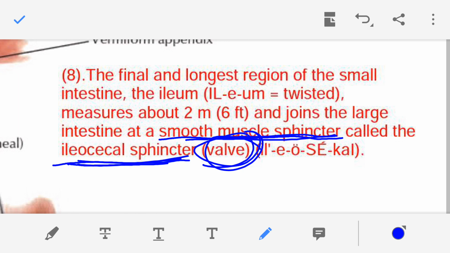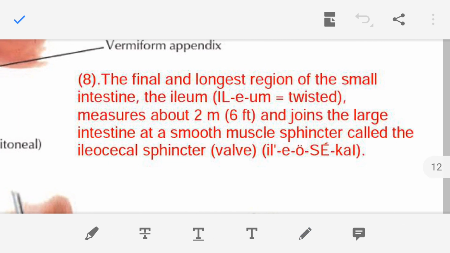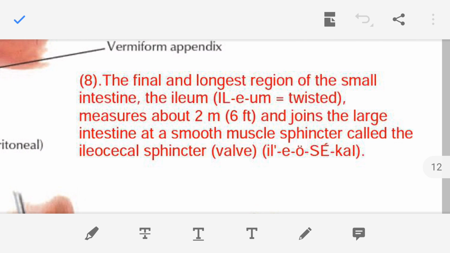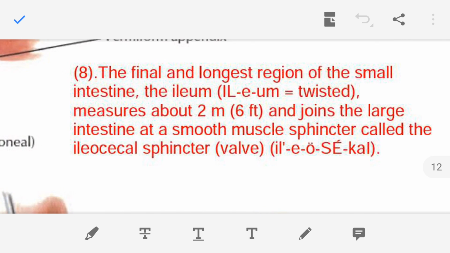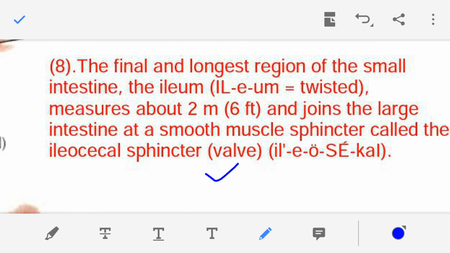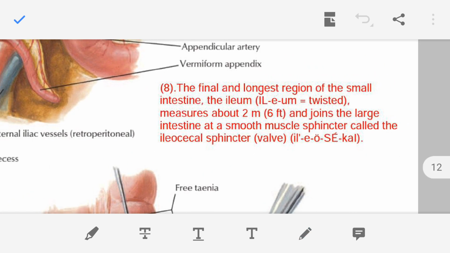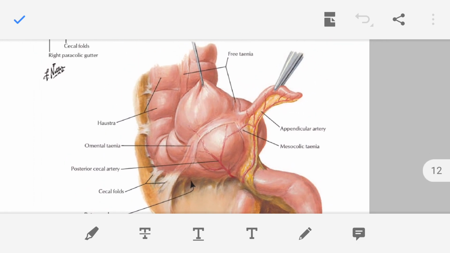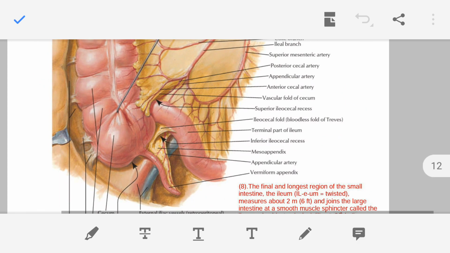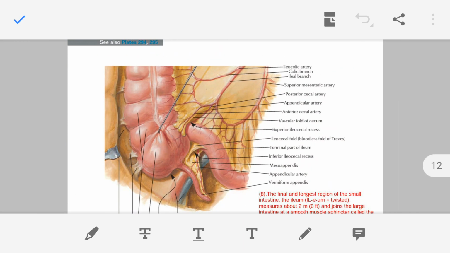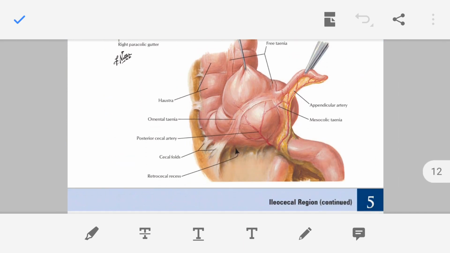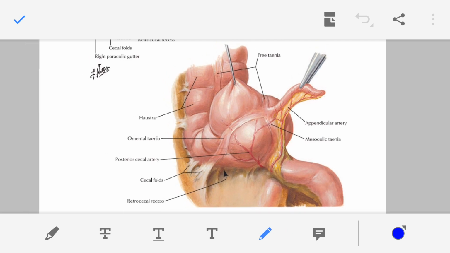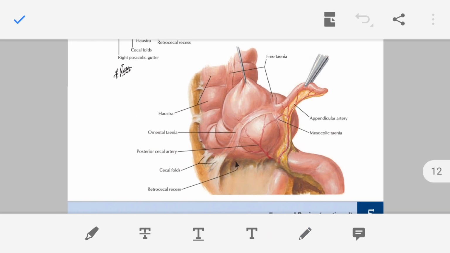Once again, the terminal portion of the ileum opens into the large intestine, and this opening is guarded by the valve known as the ileocecal sphincter. Before I show you that valve, first observe this figure, and then observe this figure, how the ileum is opening into the large intestine.